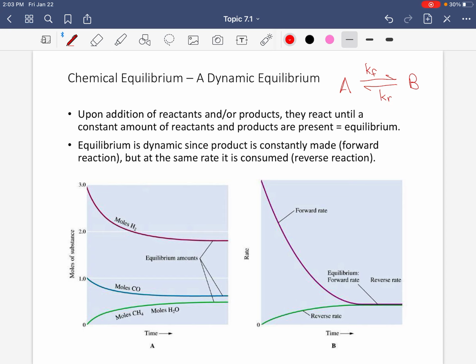Now notice I use this variable called k, which you're not going to see very much. k is called the rate constant. That is not something that you need to know about, at least not yet. Okay, so what they're saying is that the rate of the forward reaction at equilibrium will equal the rate of the reverse reaction.